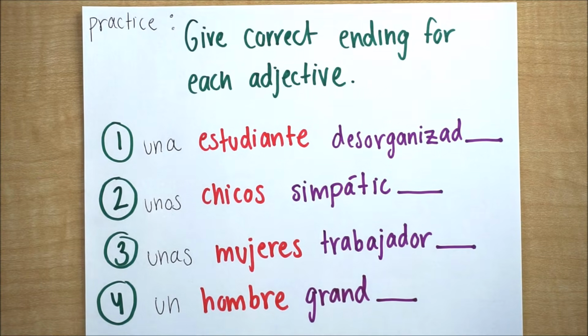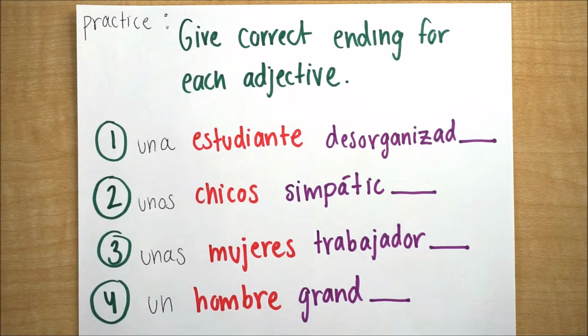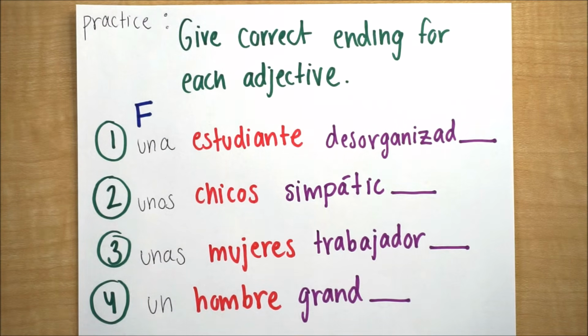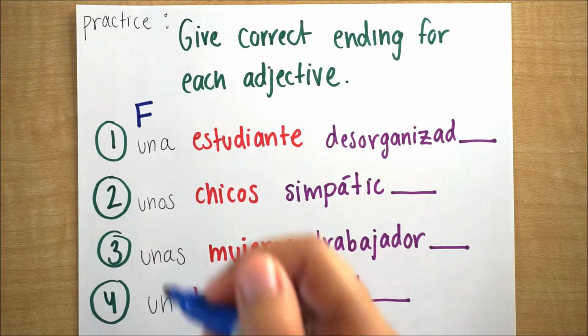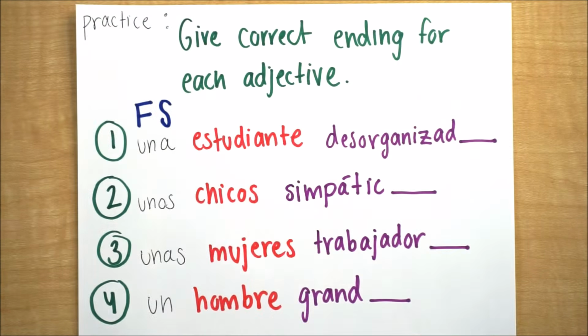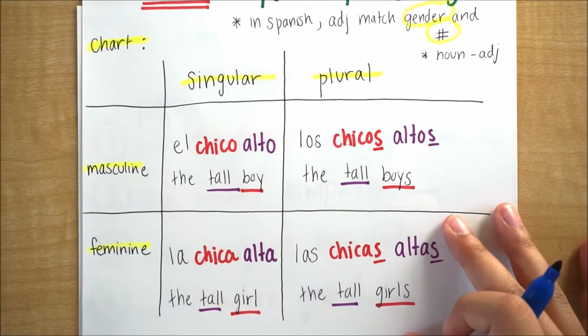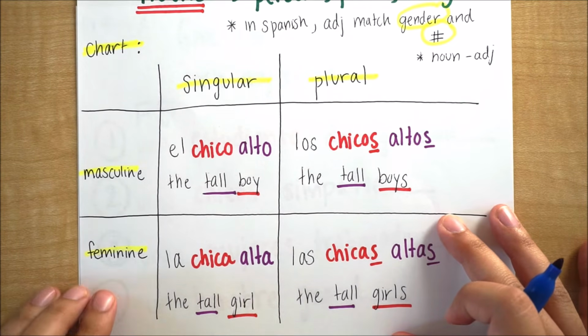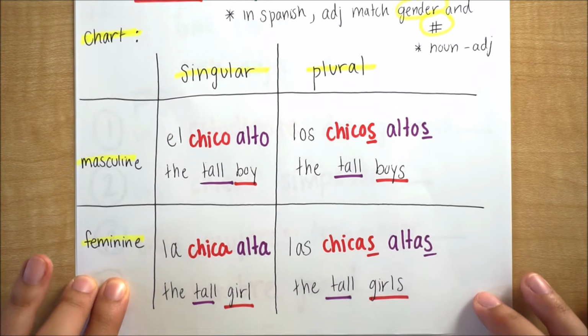All right, so let's go over our practice problems. So the first one says una estudiante, right? So una, that's an indefinite article. Because it ends in A, we know it's feminine. And because it's just one student, una estudiante, nowhere do we see an S, we know it's singular. So we're going to look in our chart, the feminine singular area, which is going to be la chica alta.